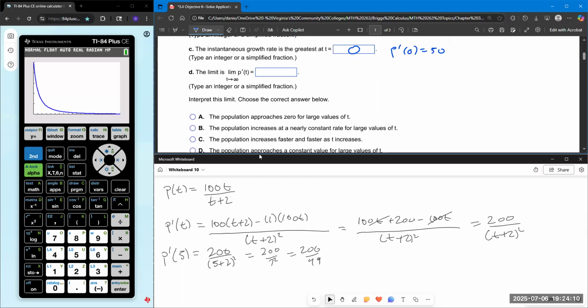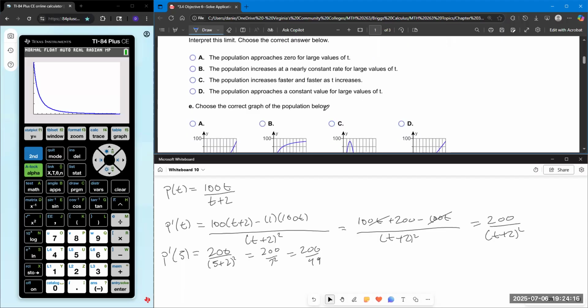As we go to infinity, the derivative function here goes towards 0. So remember, that's a rate of change. If the rate of change is approaching a slope of 0, the function itself is approaching a constant function, meaning that it has a horizontal asymptote in the graph of some kind, but not necessarily at 0.